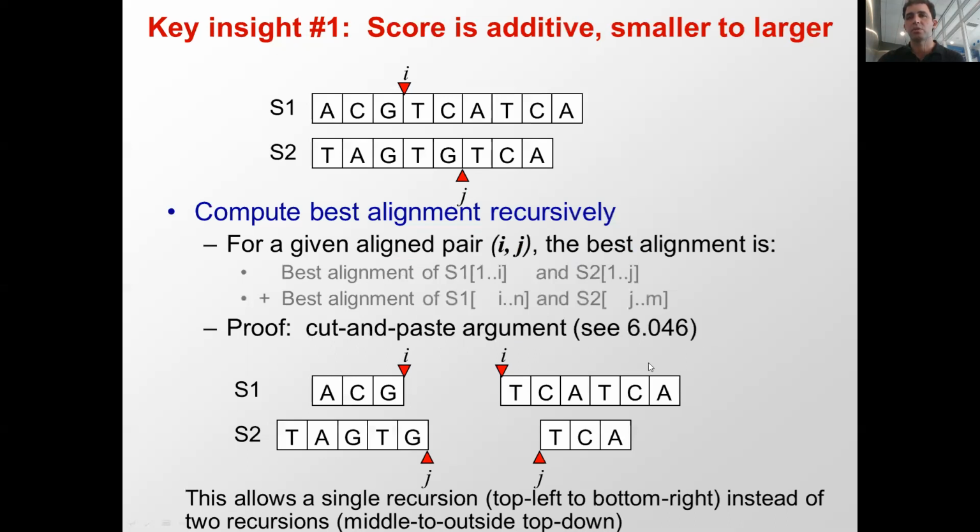And this is something that you will see in 646 and even in 606, where you basically say, if the best alignment here was not made up of best alignments within here, then I could simply take a better alignment for any of them and then construct an even better alignment than the best alignment, which of course is impossible. So therefore, in order to have a best alignment for the top, I must have had best alignments in the bottom.